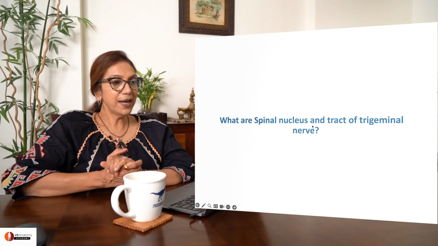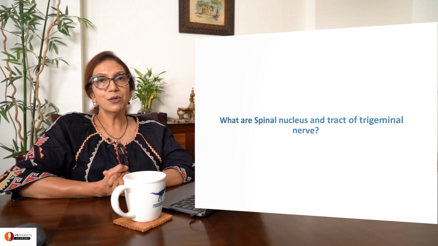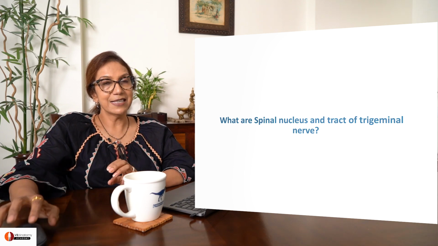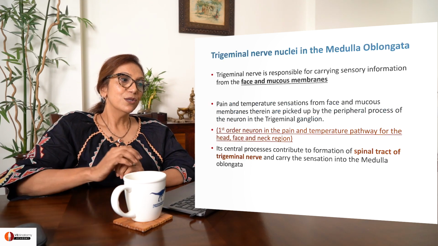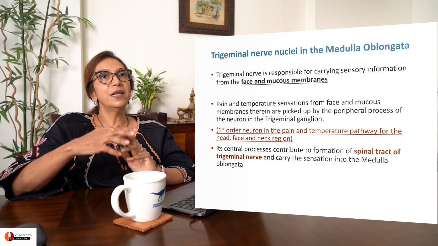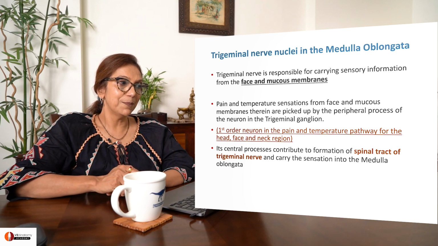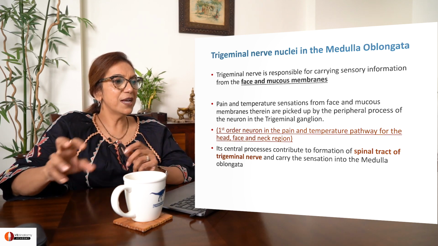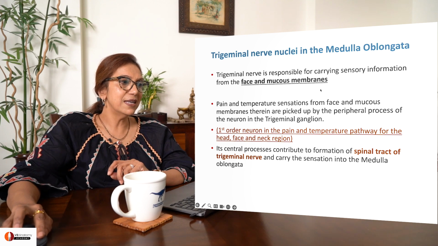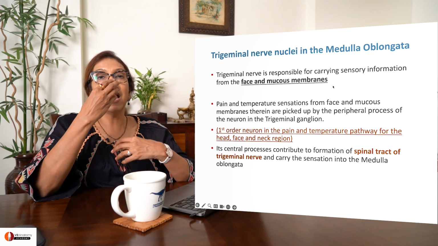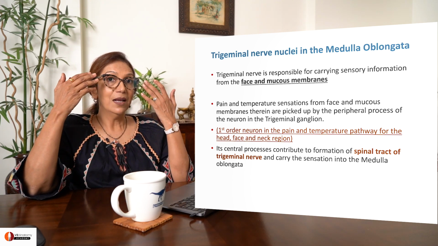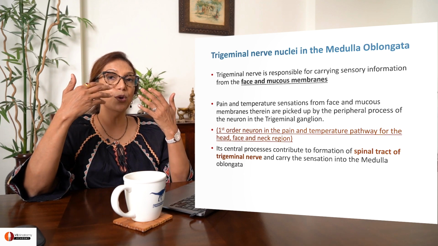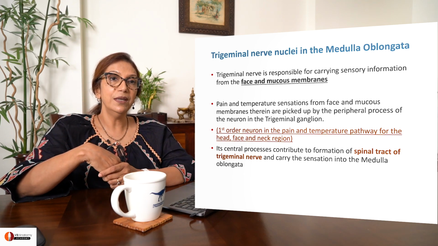What are spinal tract? What is spinal nucleus of trigeminal nerve? Let's discuss that. Right. So, trigeminal nerve forms a number of nuclei in the brainstem. The function of trigeminal nerve is to carry sensory information from the face and mucous membrane. See, there is a moist region covering your eyes, your oral cavity and so on.